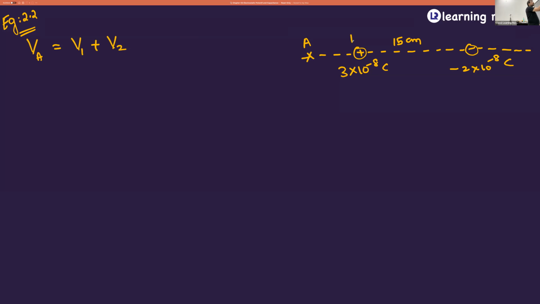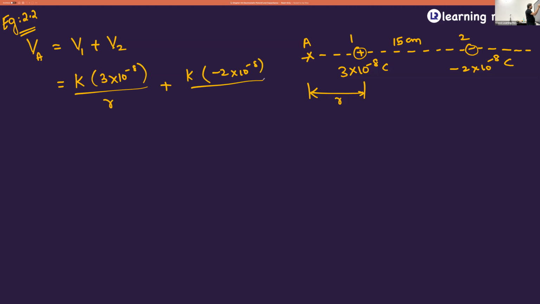Let's say from the first charge, I'll call this distance R. So the potential due to the first charge at point A is K into 3 into 10 power minus 8, the whole divided by R, plus K into minus 2 into 10 power minus 8 divided by (15 plus R).